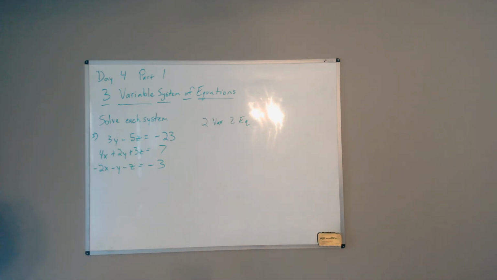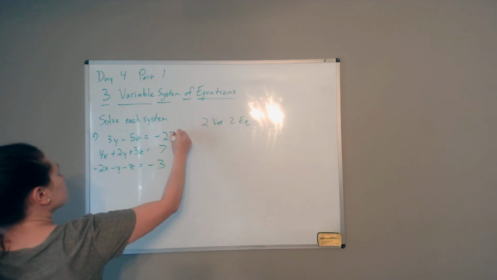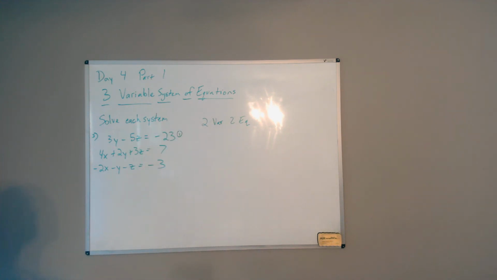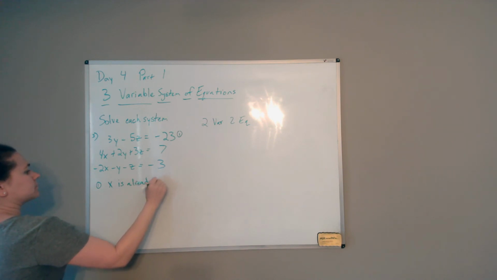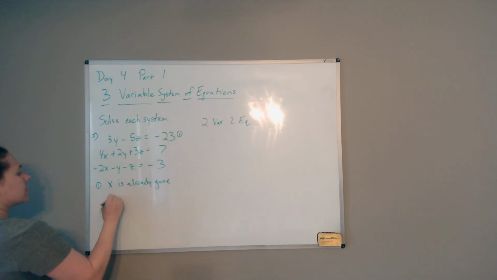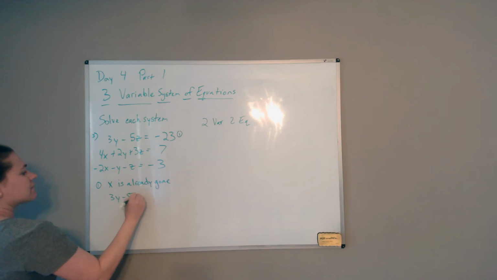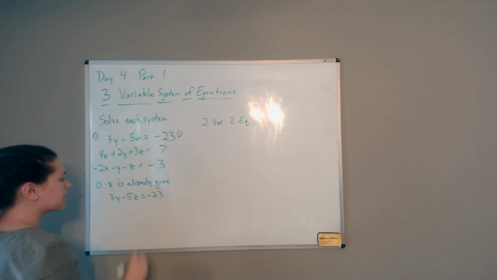Now, one of these equations already is missing one of the letters. The first equation already was without x, right? Equation number 1, x is already missing, so 3y minus 5z equals negative 23.